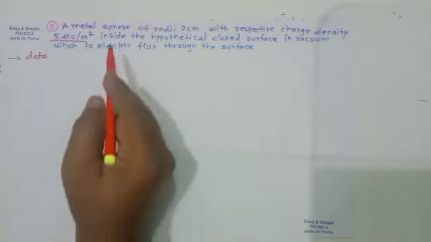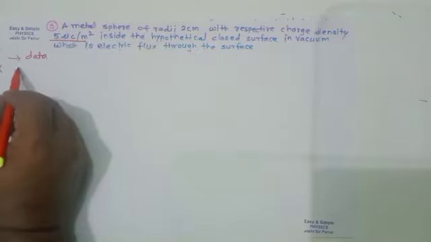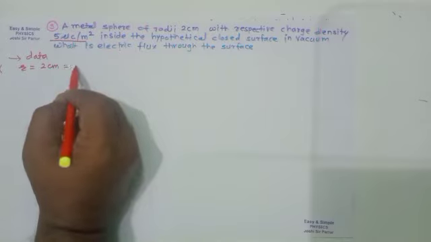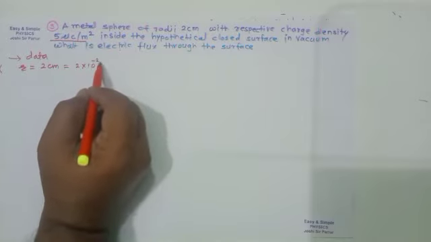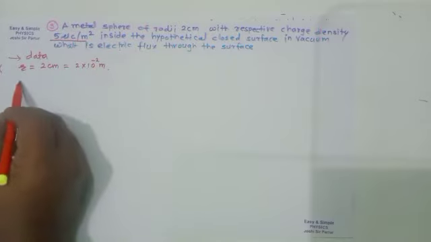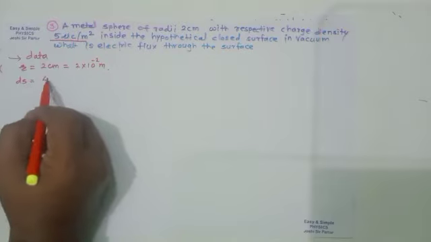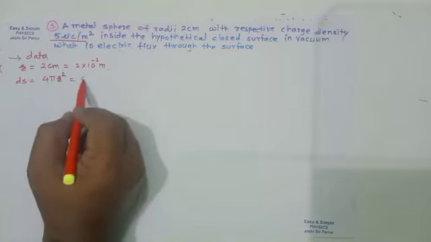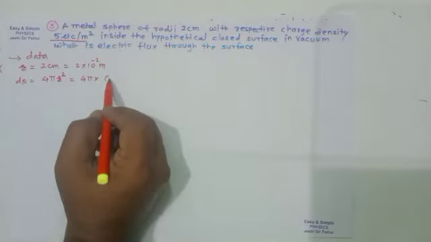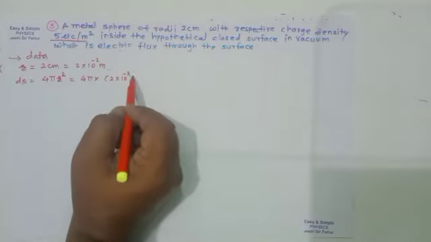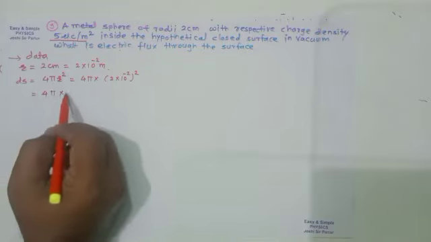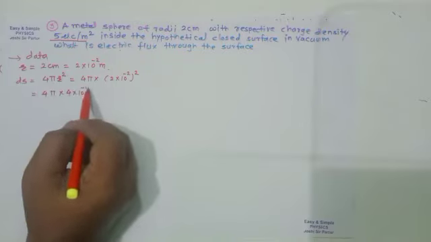In such an example, the sphere radius will be 2 cm, that is 2 into 10 raised to minus 2 meter. So ds is equal to 4 pi r square, which is 4 pi multiplied by 2 into 10 raised to minus 2 square. It will be 4 pi into 4 into 10 raised to minus 4.